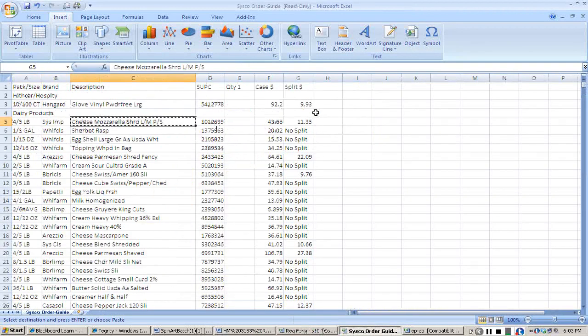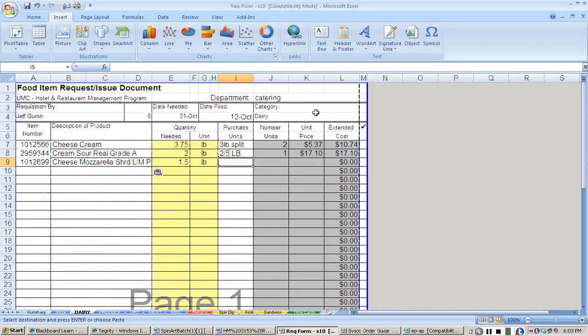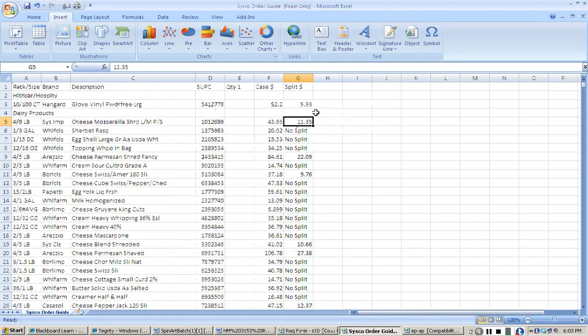It comes as 4 5-pound bags, or I can split it. So I'm going to do the 5-pound split. I'm just going to need one of those, and it is $11.35.